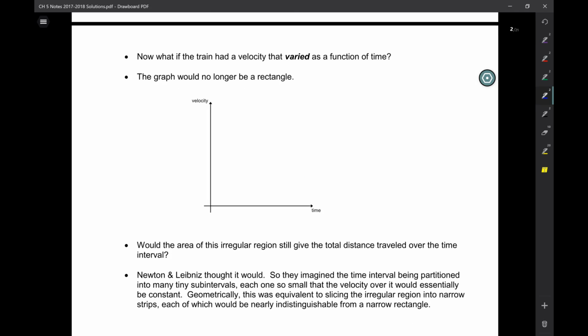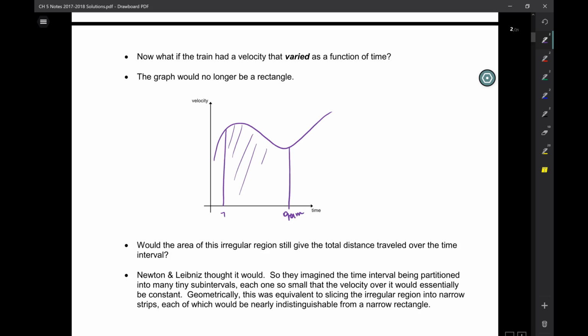If the velocity varies, then suppose it looks like this. Now, if we go from 7 a.m. to, let's say 9 a.m., look at this region.